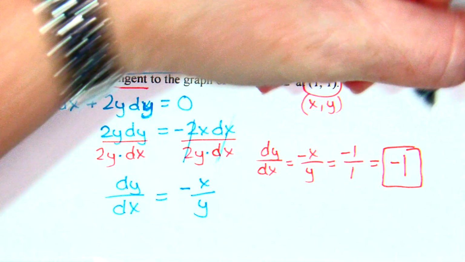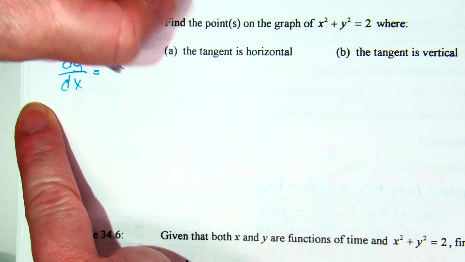Okay, notice example 5. Does that equation look familiar? Isn't that the one we just did? Which means, do we already know the derivative? Based on the front side of my notes, the derivative dy/dx is negative x over y.